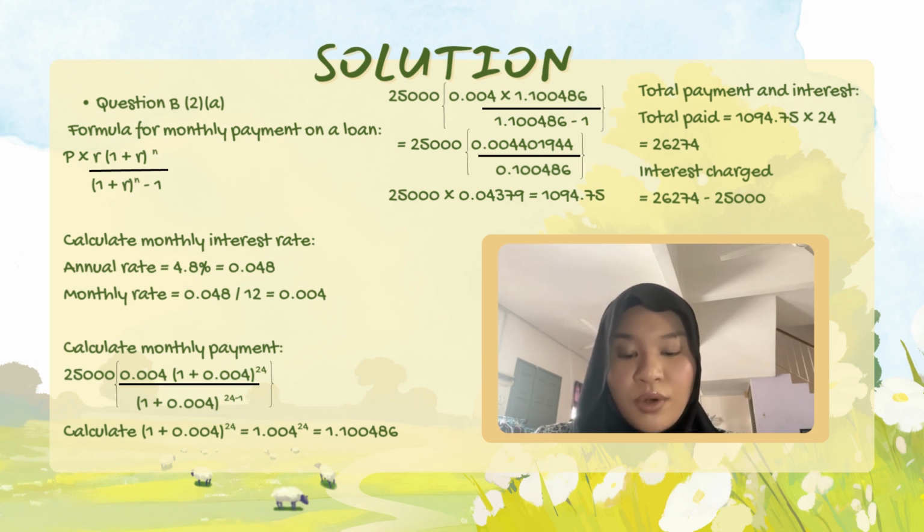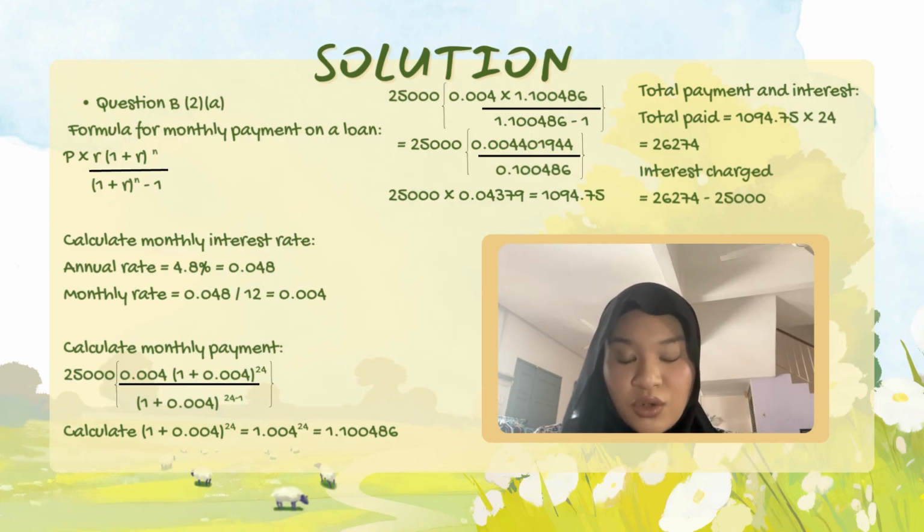25,000 times 0.004 times 1.1000486, divided by 1.1000486 minus 1, equals 25,000 times 0.004401944 divided by 0.1000486. 25,000 times 0.04379 equals 1,094.75.